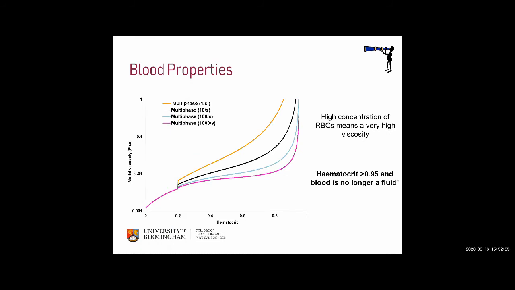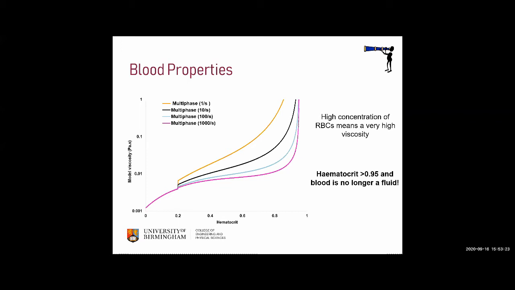And then the added complication, this is just our multi-phase models where you have red blood cells and plasma. The concentration of red blood cells really affects the blood properties as well. So a value of 0.2 is 20% red blood cells. So most of it is plasma, and that has quite a different property than a very high concentration of red blood cells.